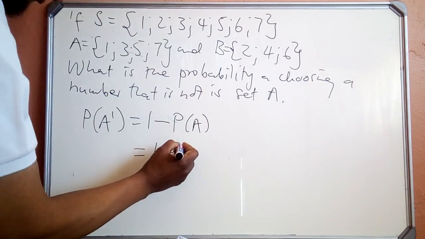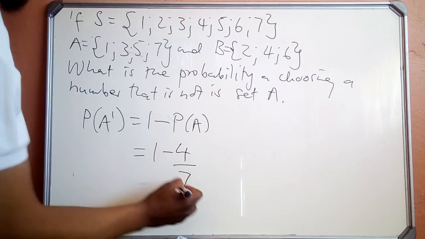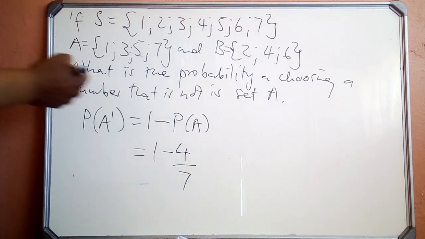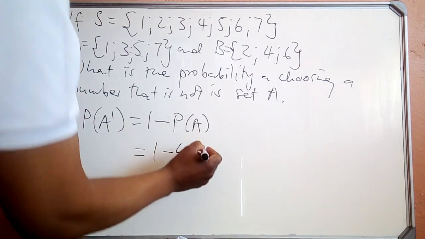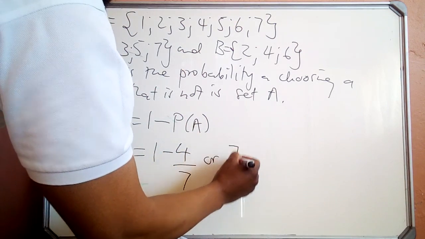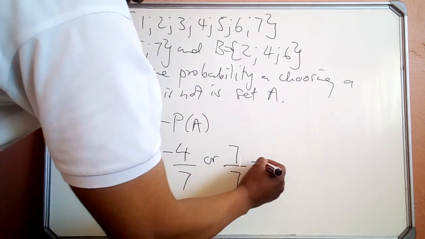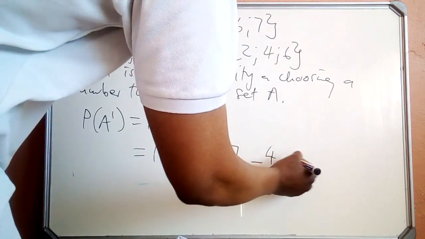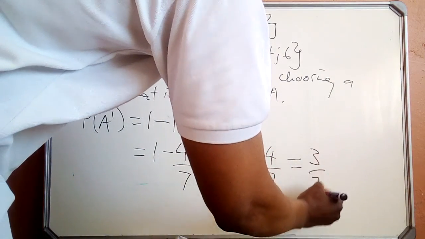So that will be 4 over 7. 1 minus 4 over 7 is the same as 7 over 7 minus 4 over 7, which will easily give us 3 over 7.